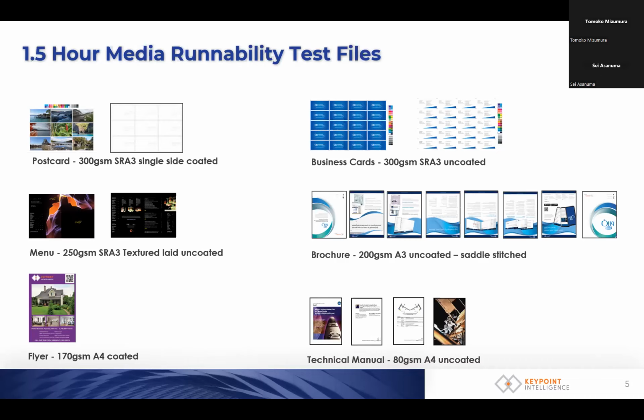Any of those are very popular applications any PSP will probably run into in their daily practice. By printing those applications, we collect samples at the beginning, and 30 minutes pass by, 60 minutes pass by, and the very last samples.